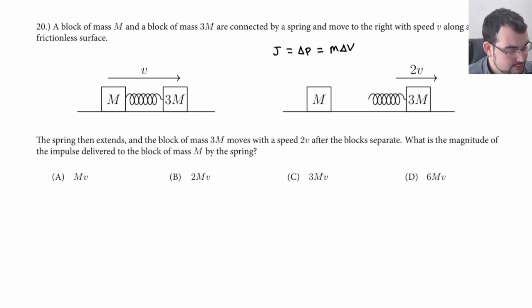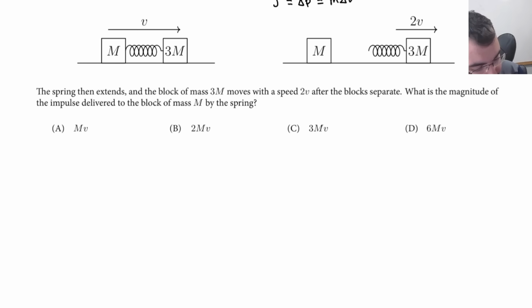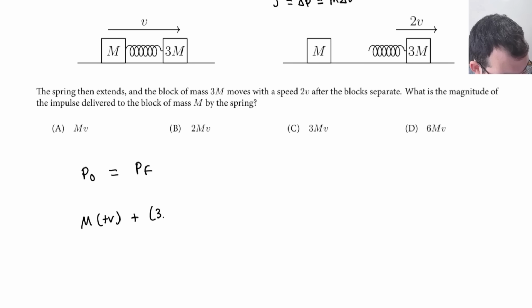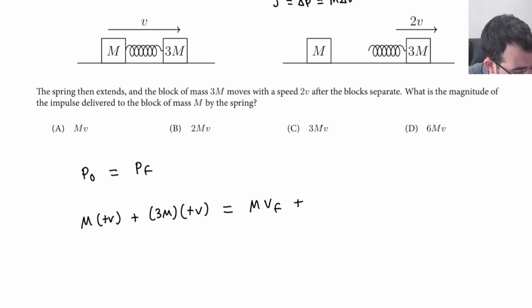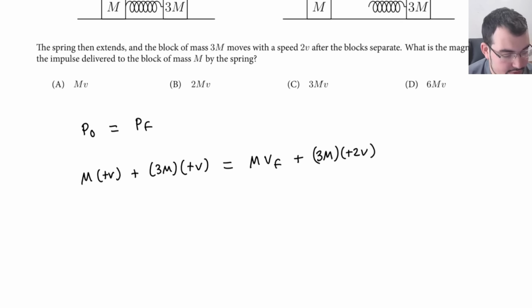So this is momentum. So we're going to say that the momentum before the collision equals the total momentum after the collision. Before the collision, I have a block m moving v to the right. Then I have a block of mass 3m also moving at a speed v to the right. Then after the collision, I have a block of mass m moving at some speed vf, I don't know. And then I have a block of mass 3m moving at a speed 2v to the right, so plus 2v.